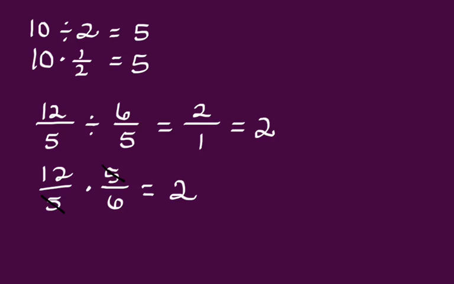Now, why is it that we always use the keep, change, flip method? Well, that's fairly easy, because not every problem is going to work out so nicely. I was very strategic about how I chose those numbers. If I went this direction with it, it's not going to work out so well.